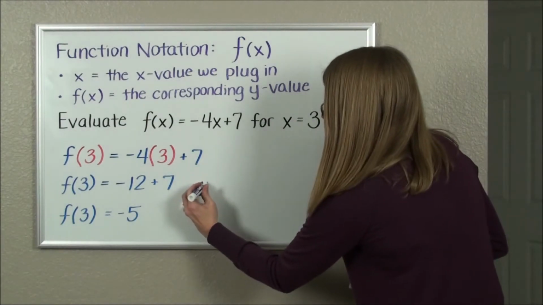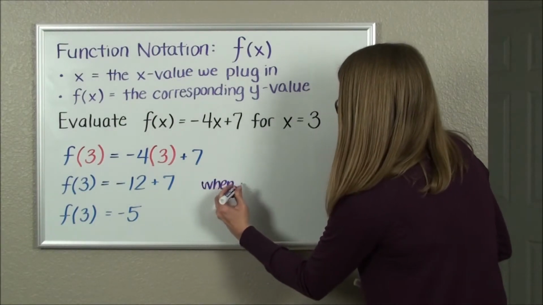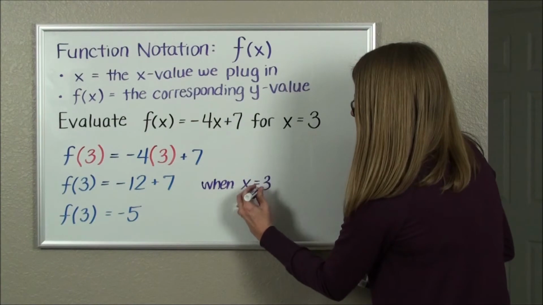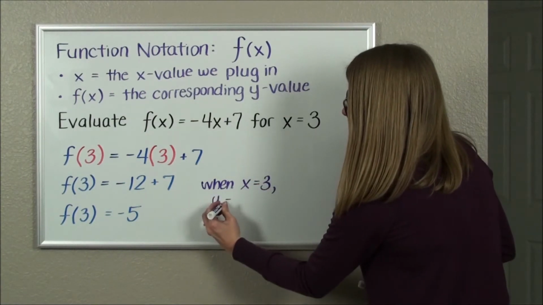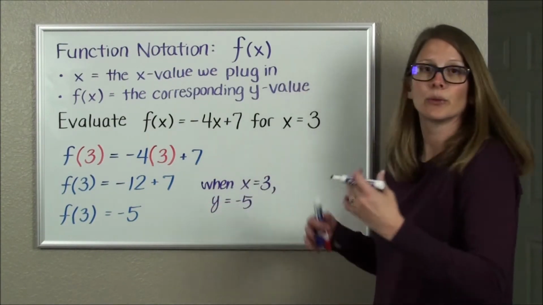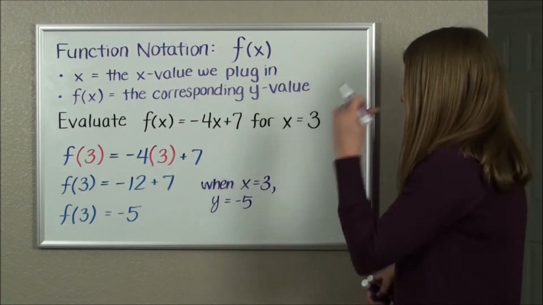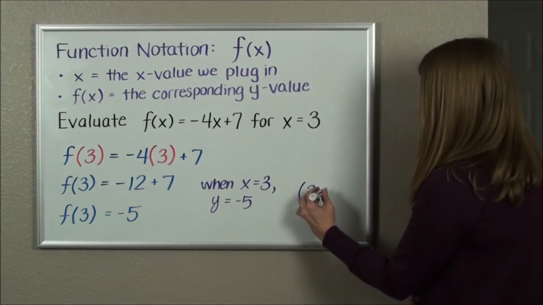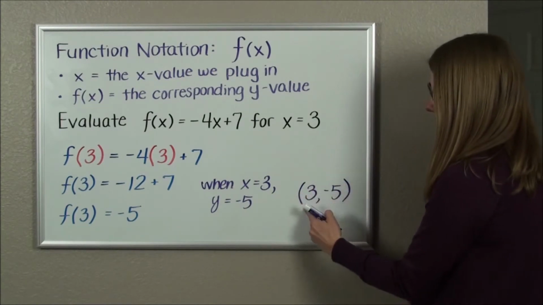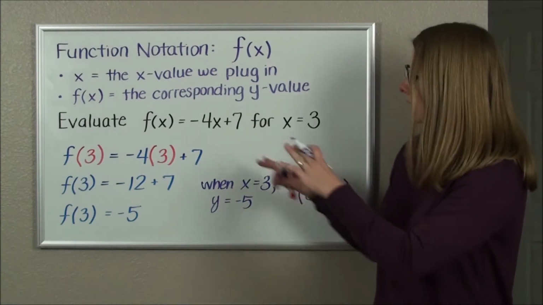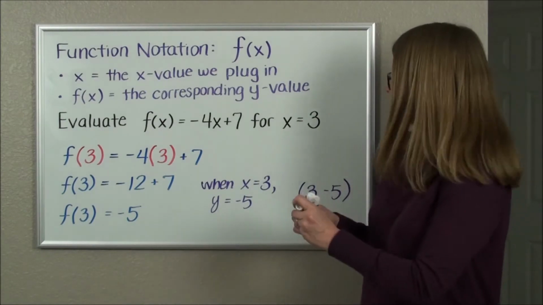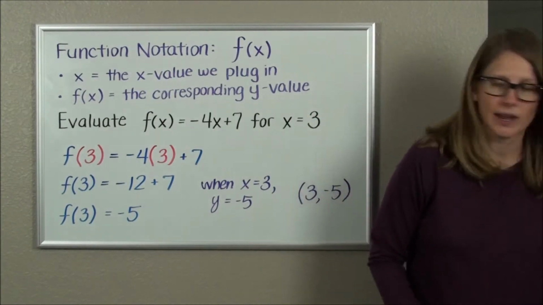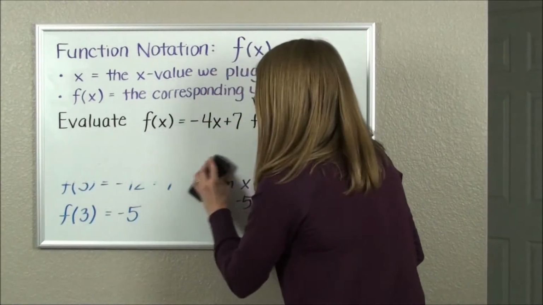This is telling us that in this particular equation, when x is 3, we now know that y will be negative 5. And so if we were to graph this function, then a point on that graph would be the coordinates 3 comma negative 5, where x is 3 and y is negative 5. That'll be a point on that graph. So let's take that same function one more time, this time doing a different x value.